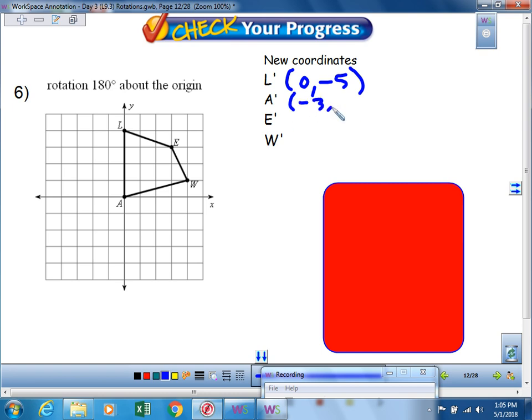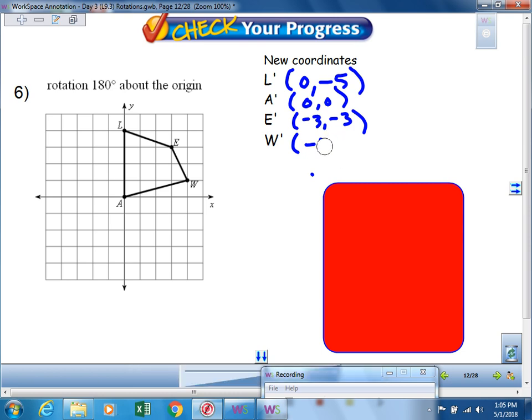Negative 3, negative, oh, E. Hold on, I'm not saying they're right or wrong. We'll check them. (0, 0), and (-1, -4)?